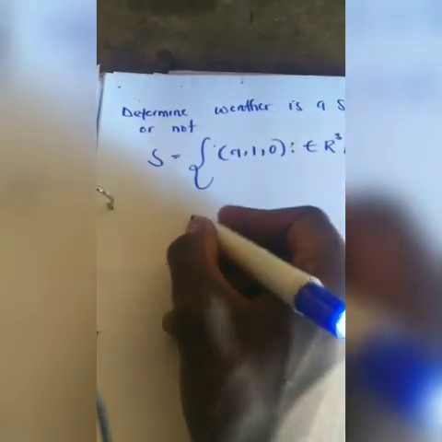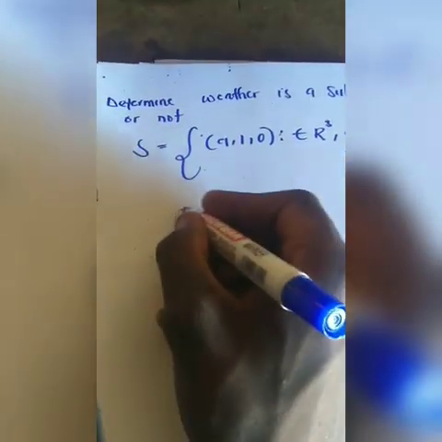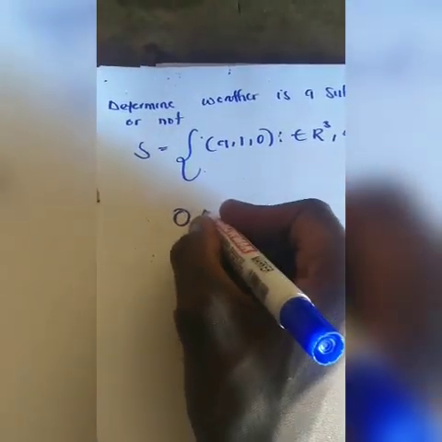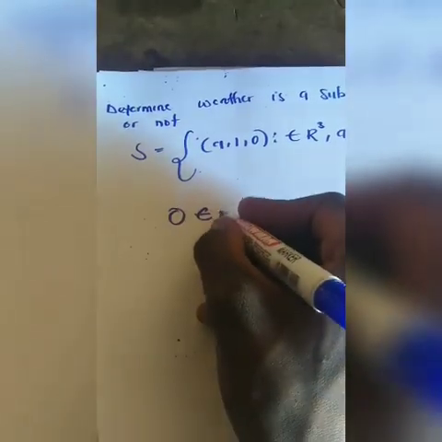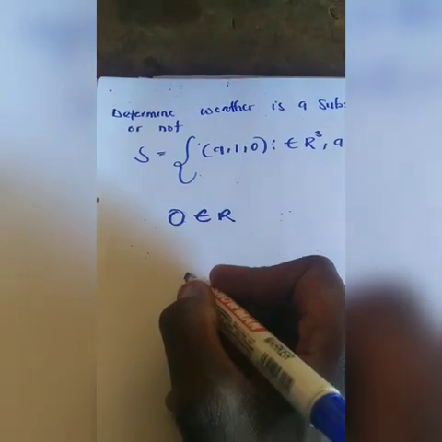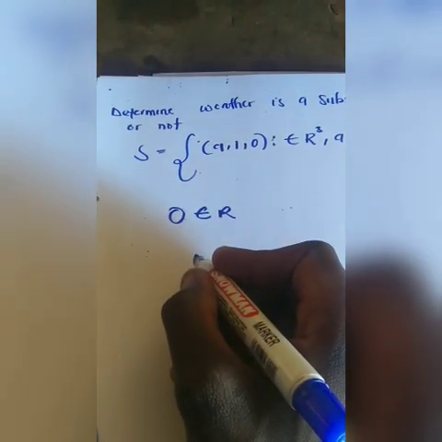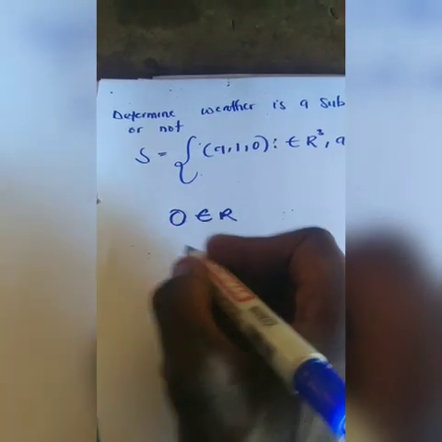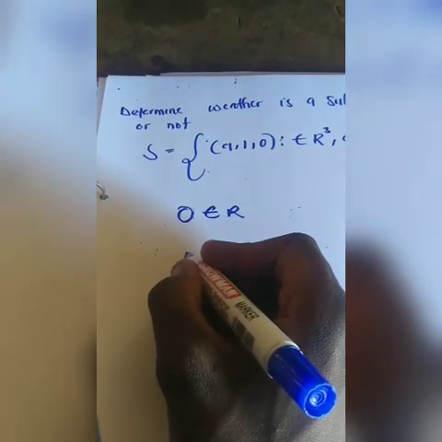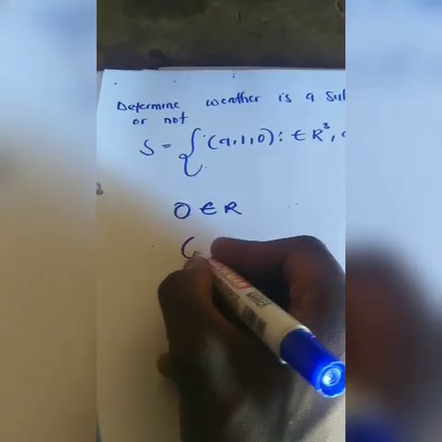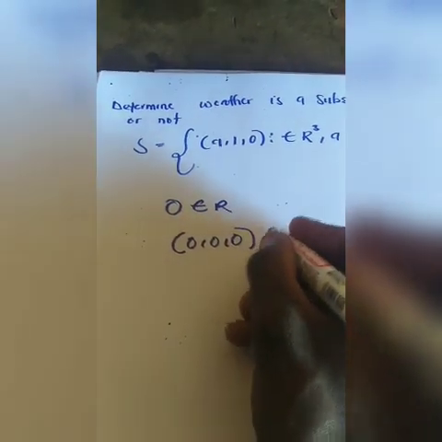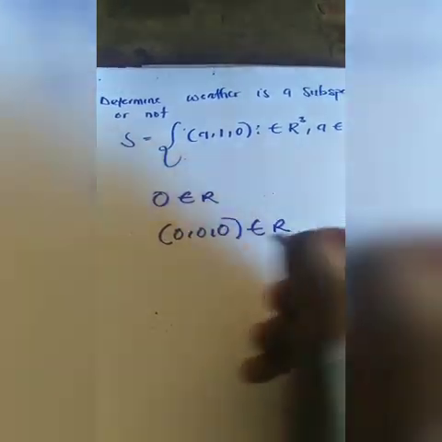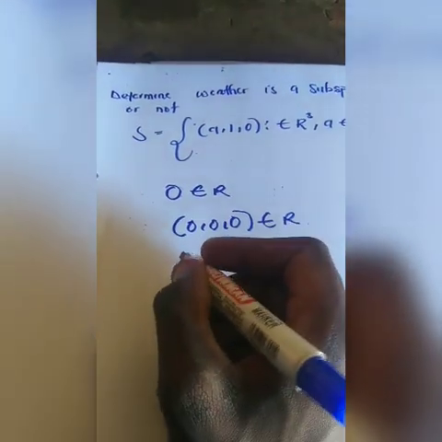So very simple, you just say let 0 be a member of R. What it means is that R should contain a 0 vector. So this implies that we have this vector 0, 0, 0 should be a member of R. If it's not a member of R, then it's not a subspace.